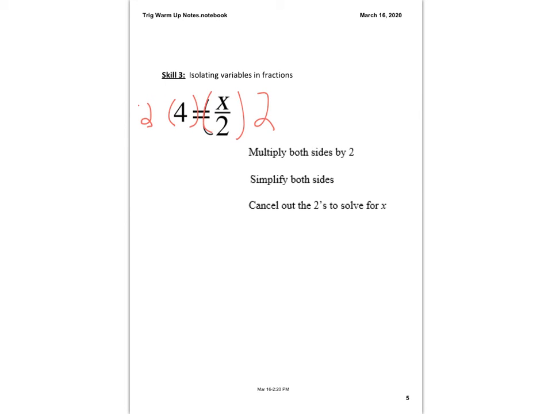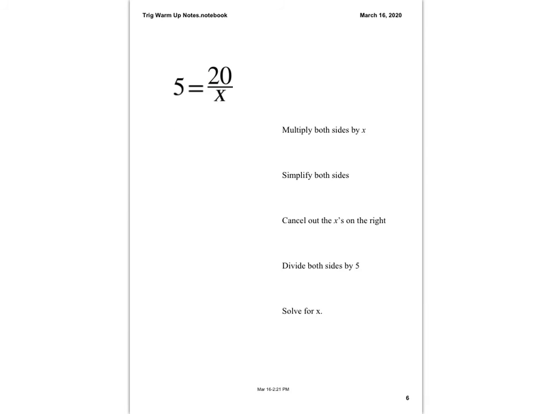The 2 on the right will cancel, leaving you with 2 times 4 is equal to x. And then lastly, do the multiplication, x is equal to 8. That one is straightforward. You guys typically do that one really well.